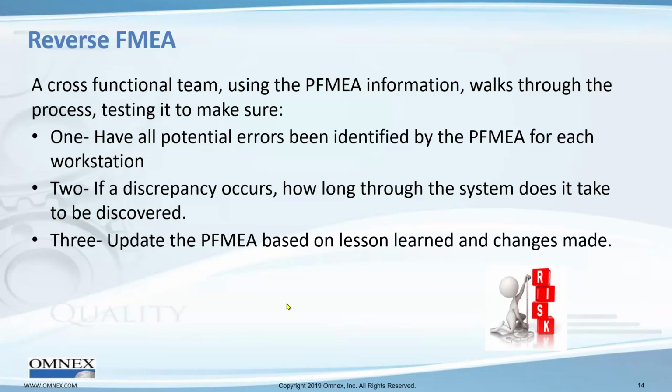And what we're going to want to do is introduce an issue or error, like a red rabbit, and see how long it takes the system to discover it. Now, a big warning sign on red rabbits is you want to make sure that those are controlled tightly. We don't want those to get to the customer.